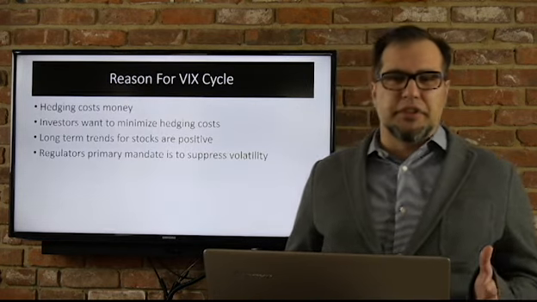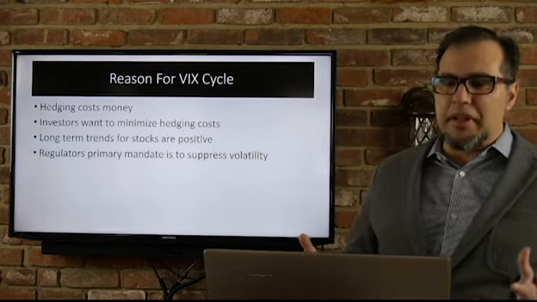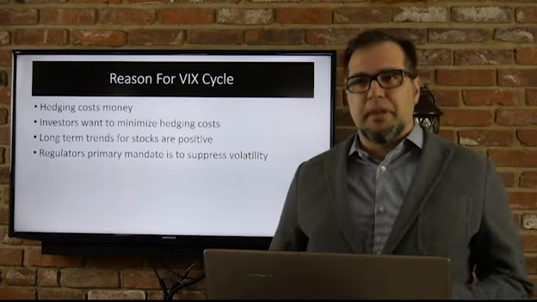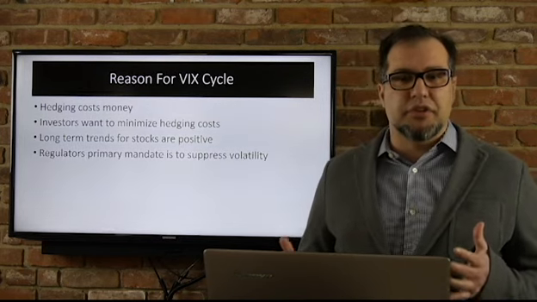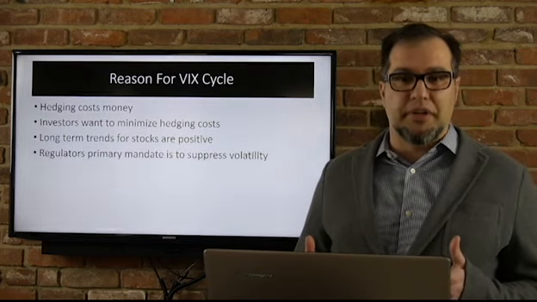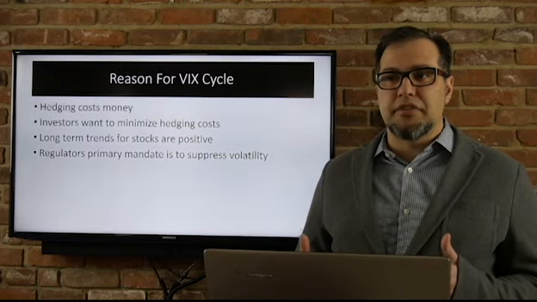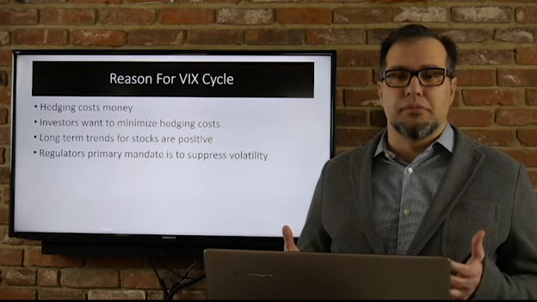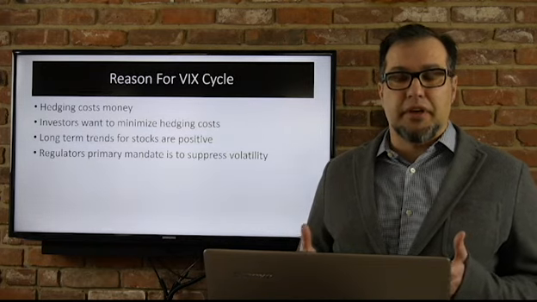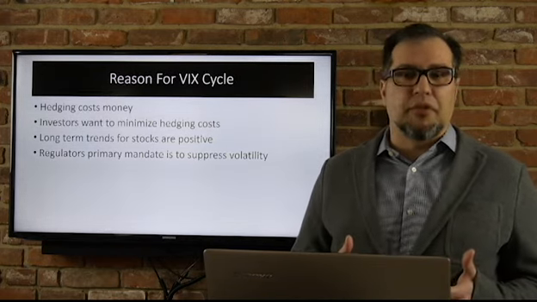What are the reasons for the VIX cycle? There are many reasons, but the primary reason is that hedging costs money. Buying put options to protect portfolios costs money, and managers are very loath to pay that cost because it affects their performance numbers.